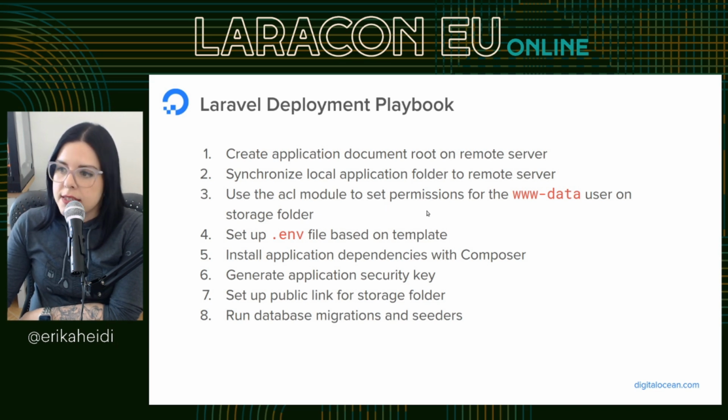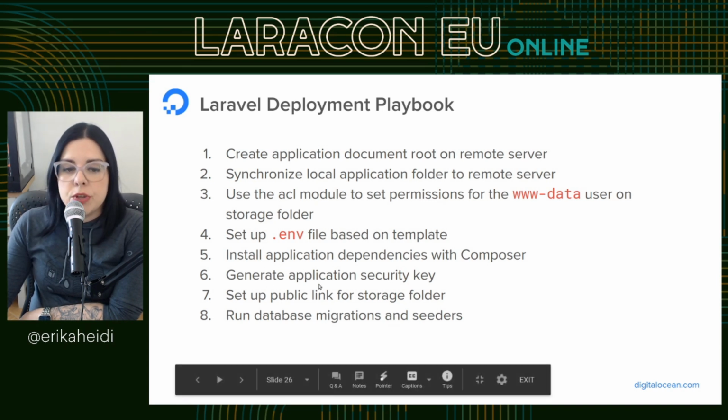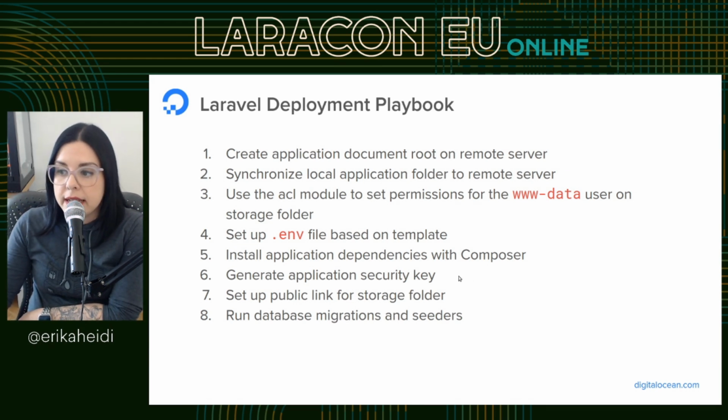Then we will have to set some special permissions for the user www-data on the storage folder, so the web server user can write on those directories. Then we will set a .env file that is based on a template for the Laravel application. Then we will install application dependencies with Composer. And then we go to the artisan commands: generate the application security key, set up a public link to the storage folder, and finally run database migrations and seeds.